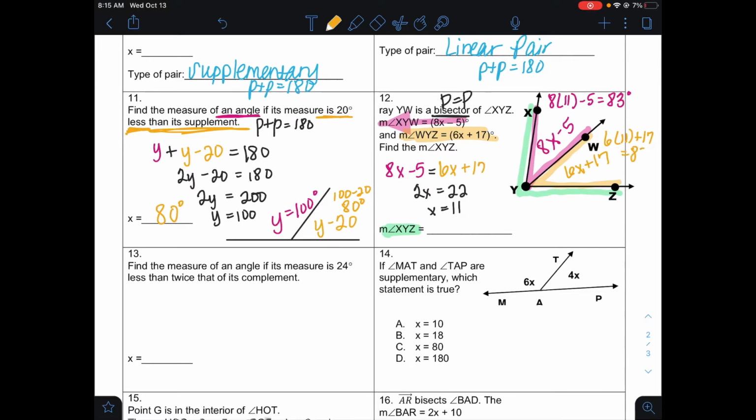Yeah, that's 83. All right, so since we did that correctly, we just add them together. So 83 plus 83, 166 degrees.